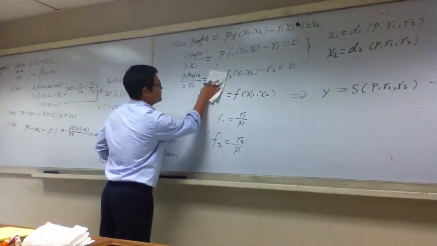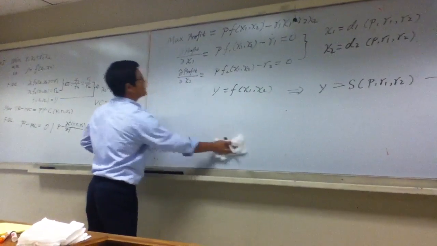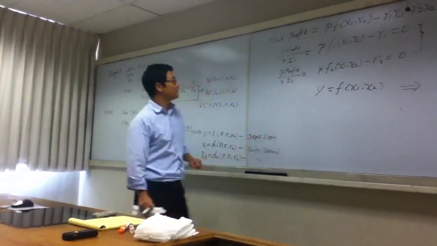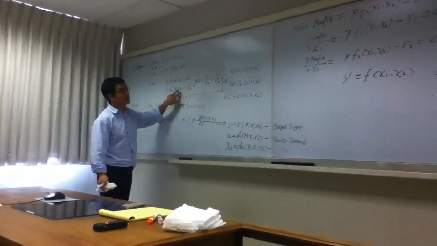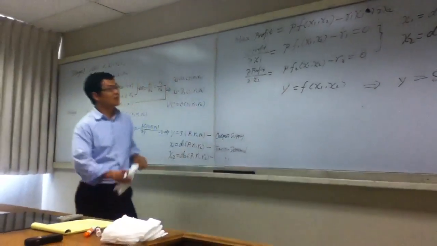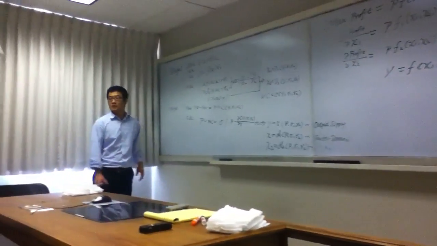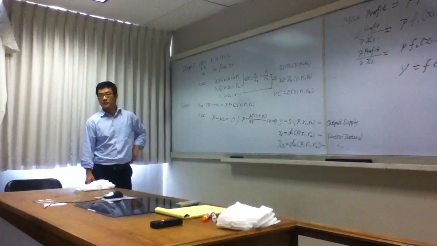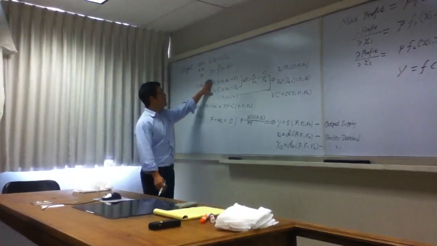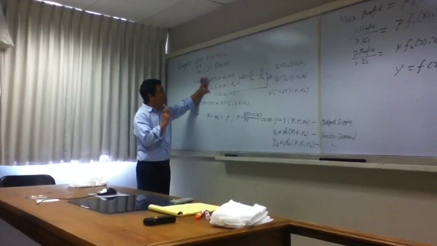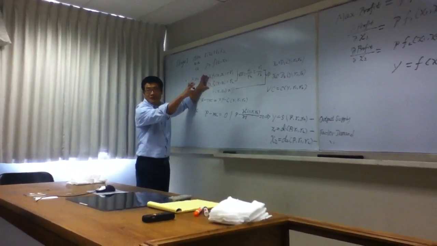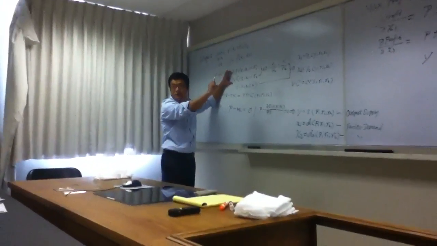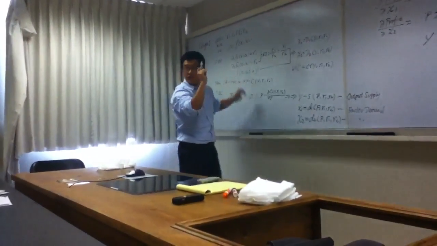Compare this with this, and this with this. What have you found? If lambda is equal to p, then cost minimization is equivalent to profit maximization.